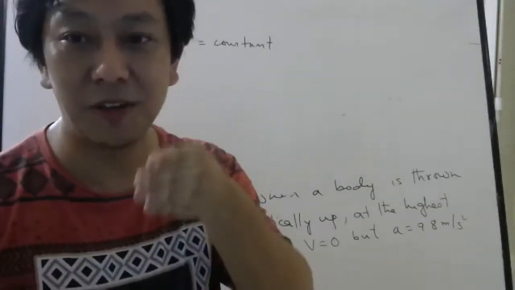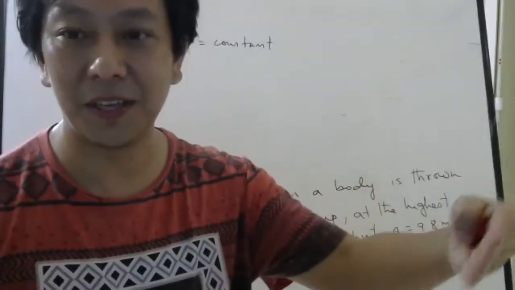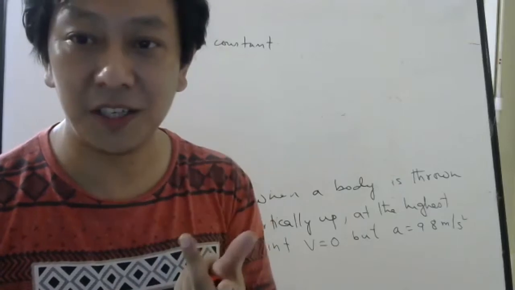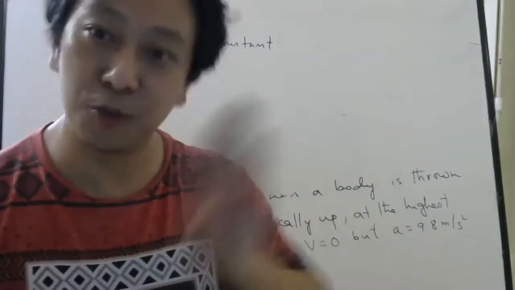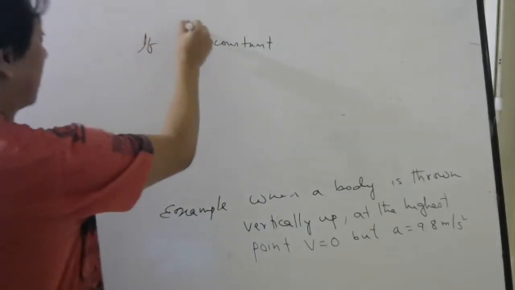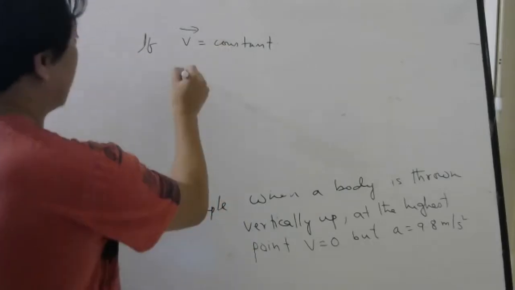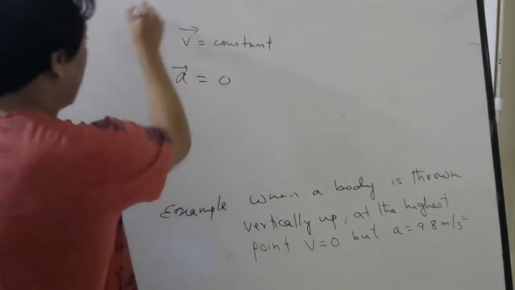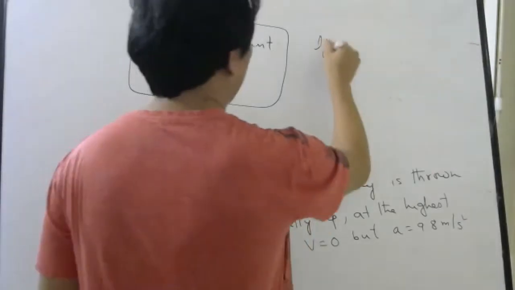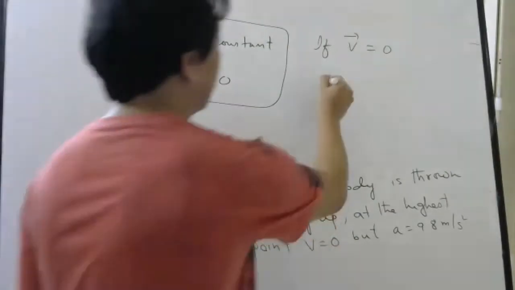It means right now 10 meter per second towards east, later also 10 meter per second towards east. And if it is at rest, what will be velocity? 0. So later also it should be 0 because velocity is constant. So if velocity is constant, vector, including the direction, acceleration will be 0, no doubt.